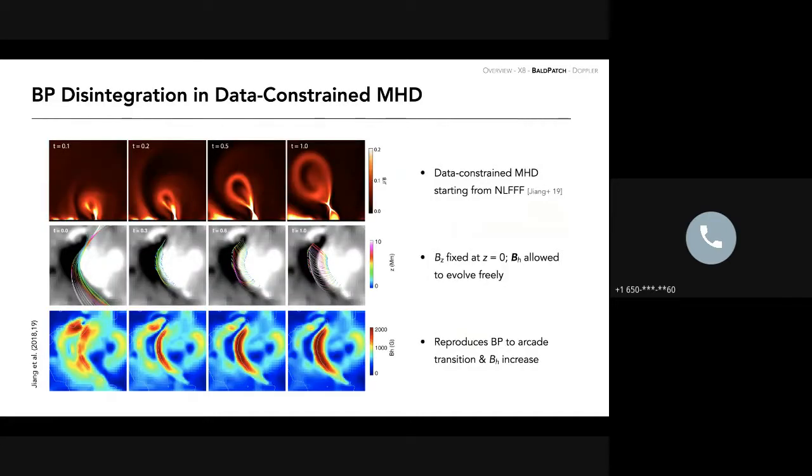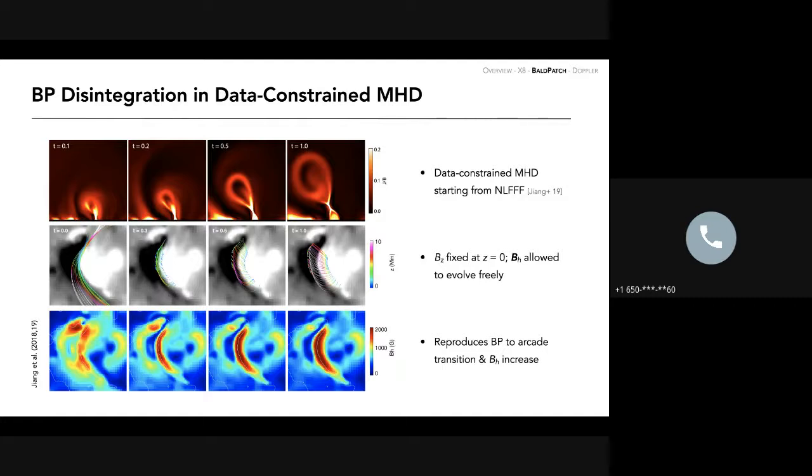So this is a very nice data-constrained MHD simulation from Chaowei Jiang. What they did was they started from a nonlinear force-free field extrapolation that is metastable, and then the system just goes off. They did not constrain the horizontal magnetic field in their simulation.